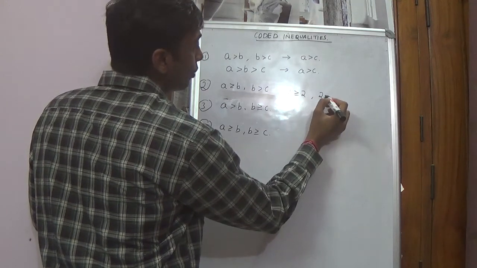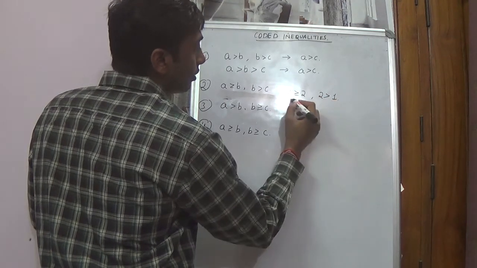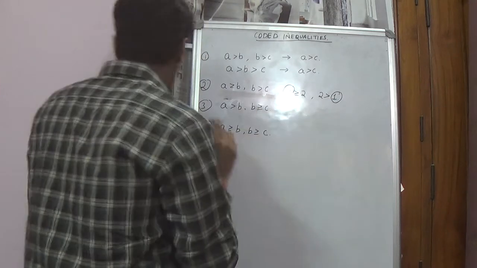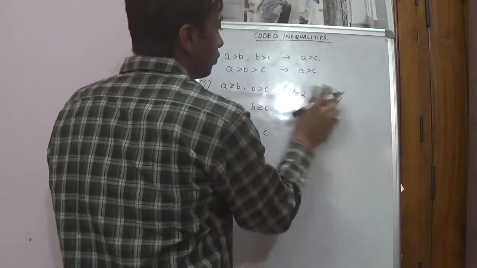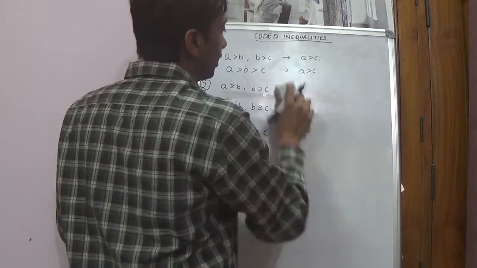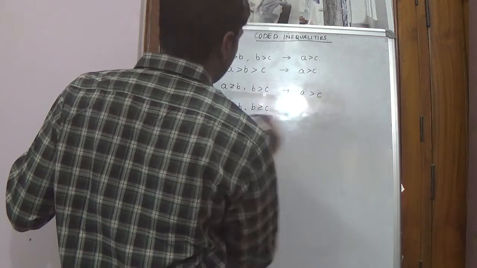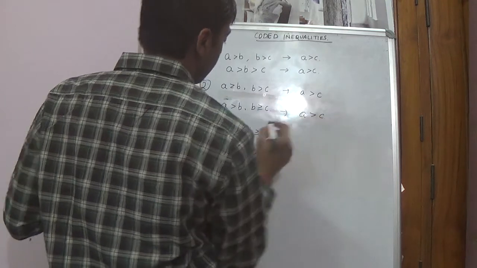Now B would also be 2, but this 2 should be greater than C, so C would be 1. So this A is greater than C. The conclusion we would get here would also be the same: A is greater than C. Similarly in this case A is greater than C.